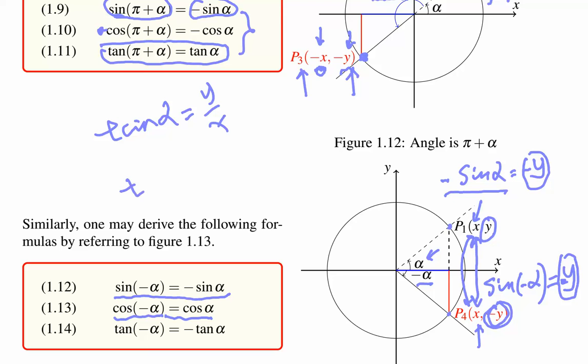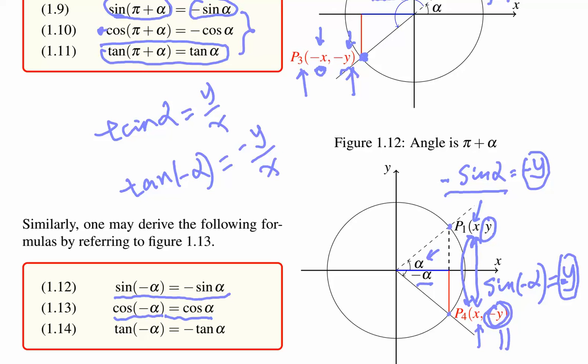Tangent of negative alpha, which is this angle, is negative y over positive x.